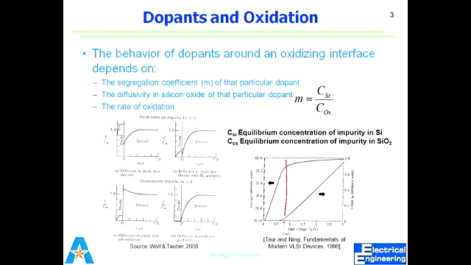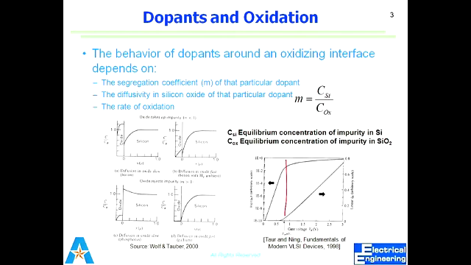Okay, so I was giving you an example that if m is equal to 1, I am saying there is no difference, the segregation coefficient is equal to 1, meaning the same amount of impurity concentration is accommodated in silicon as in silicon dioxide.